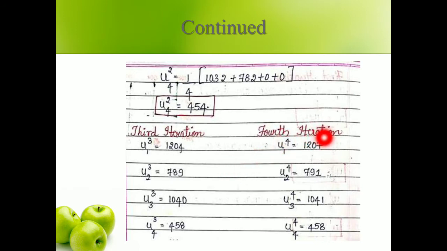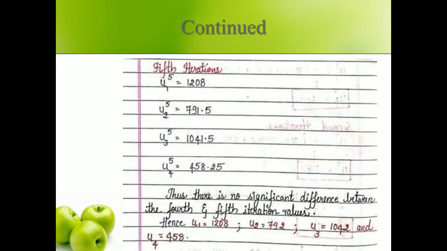To find the fourth iteration values, you will be using the third iteration values, that is u1 raised to 4 is 1207, u2 raised to 4 is 791, u3 raised to 4 is 1041, u4 raised to 4 is 458. Now the fifth iteration values: u1 raised to 5 is 1208, u2 is 791.5, u3 is 1041.5, u4 is 458.25.